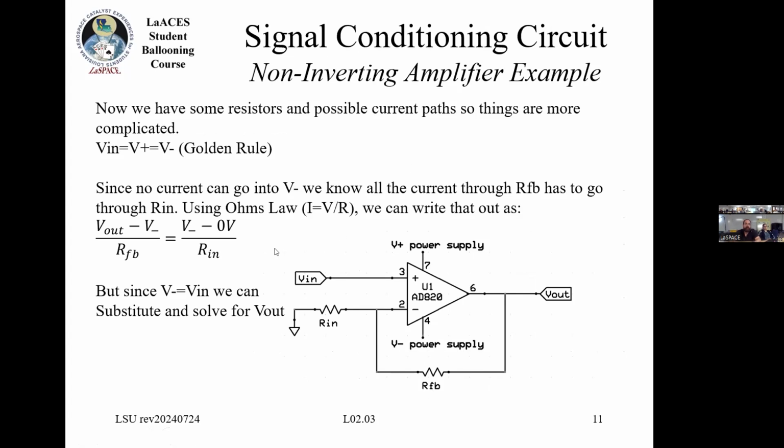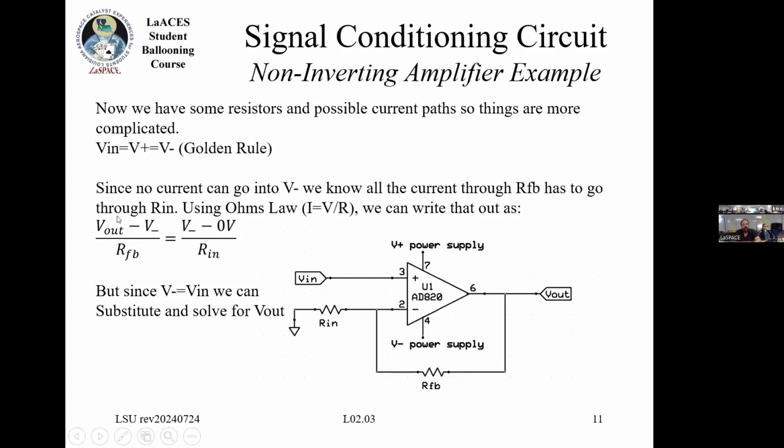So if you run through and do all of the Ohm's law, the current coming through here can't go into 2, so all of it has to be here. If you do all of the calculations, looking at the difference of voltage, you get these equations here, right? We're not going to go through all of these, and I don't expect you to, but that's how the circuit analysis for this sort of stuff works.